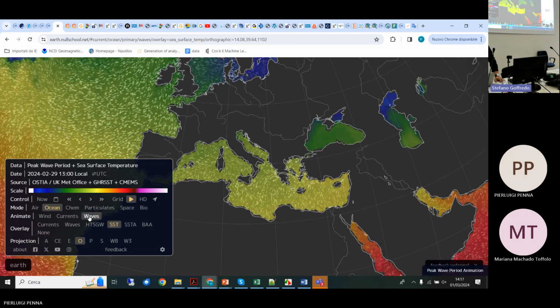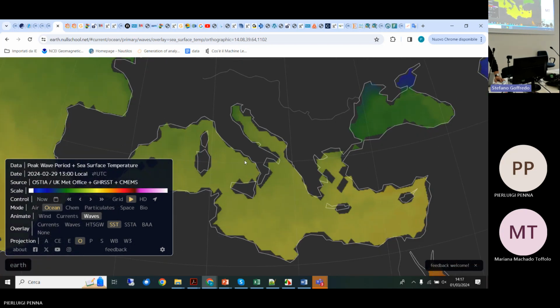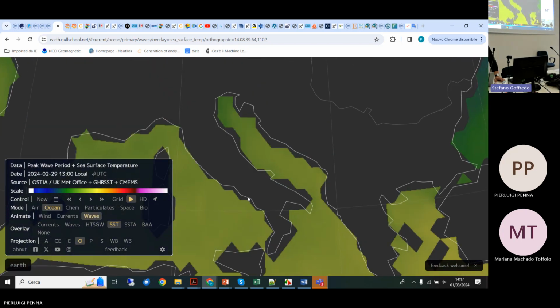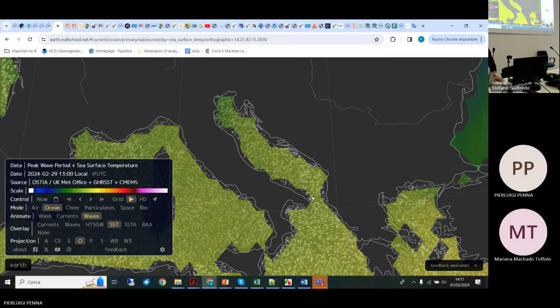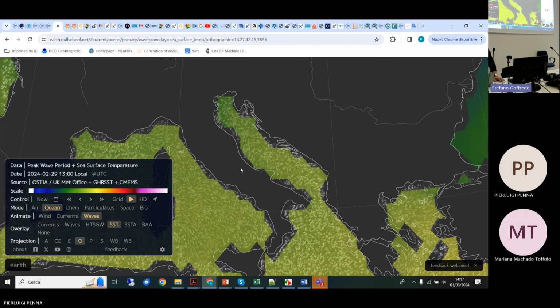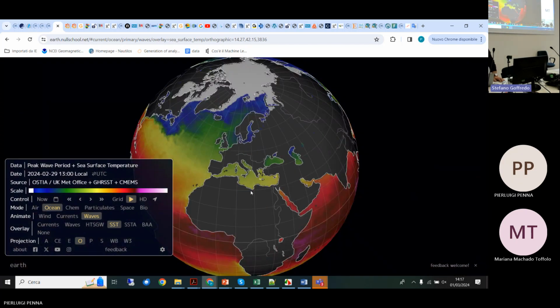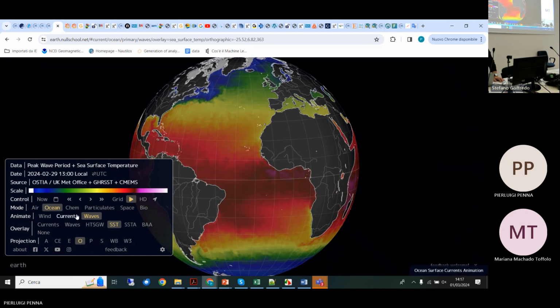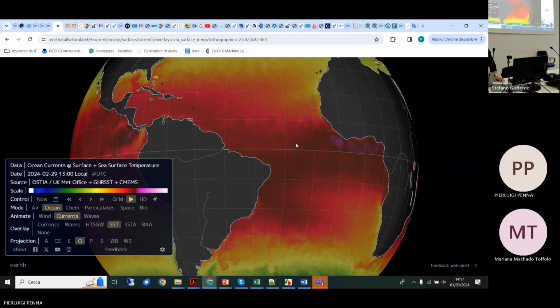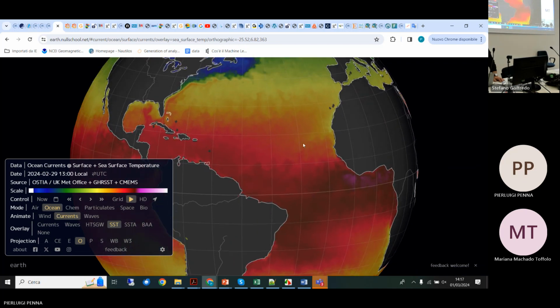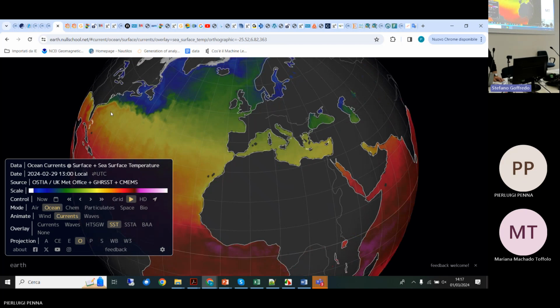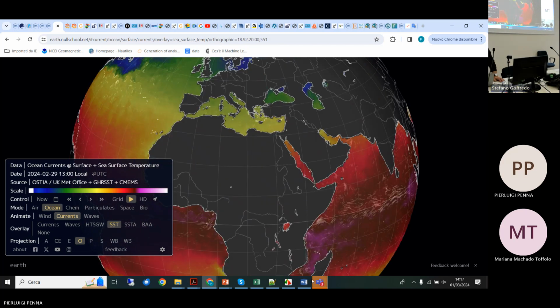It's very powerful. Obviously there is an approximation, but it's possible to have a synoptic view of the entire sea and make a relation of a lot of things. Okay. We switch now the presentation.